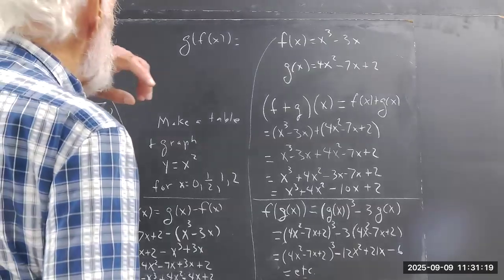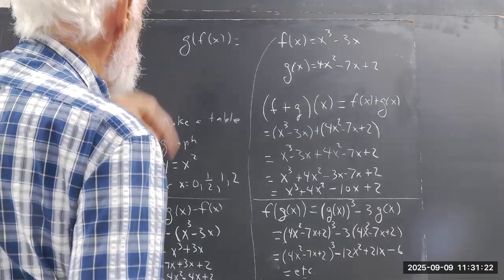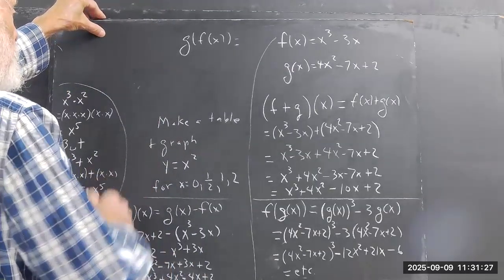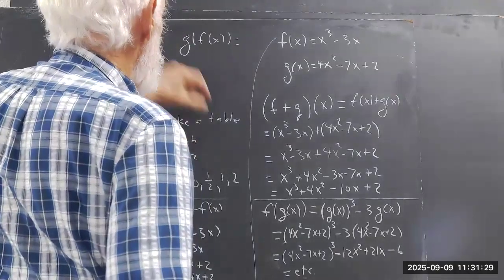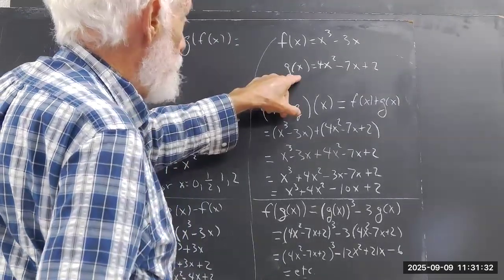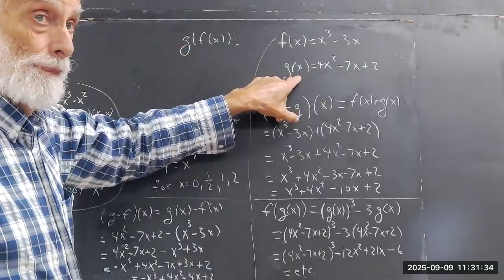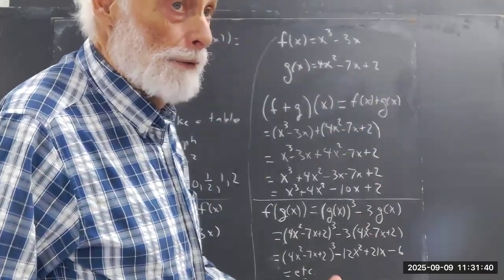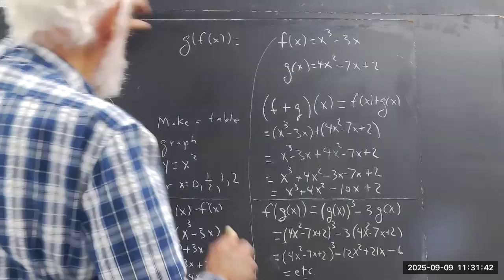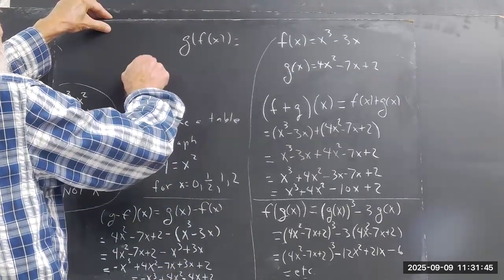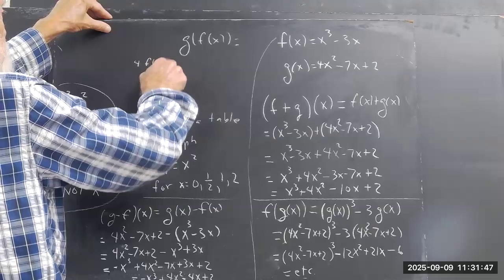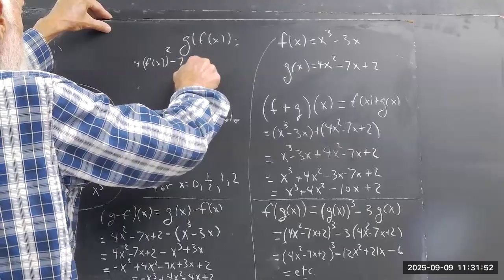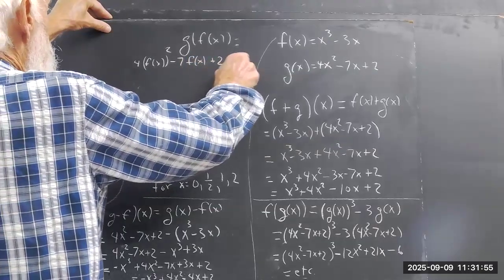Now, g of f of x, something we can actually do and we can actually simplify. We're going to get g of f of x if we replace x by f of x. Of course, to replace this x by f of x, you've got to replace the rest of the x's by f of x. We'll replace all our x's by f of x, and we get 4 f of x squared minus 7 f of x plus 2.